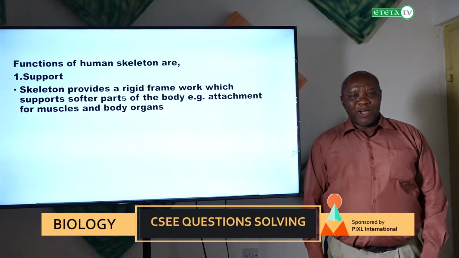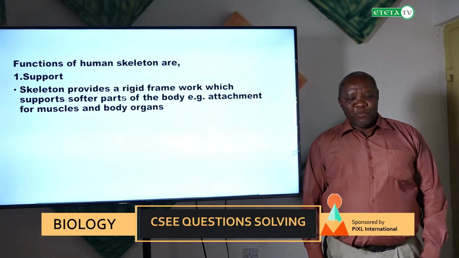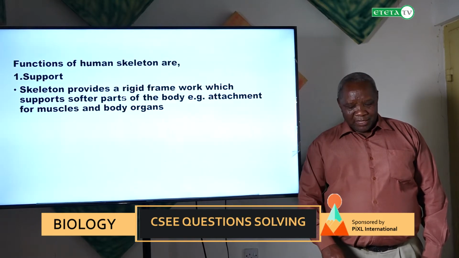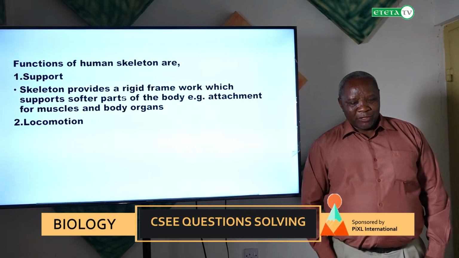So function number 1 is to support: the human skeleton provides the framework which supports the softer parts and the attachment of the muscles.